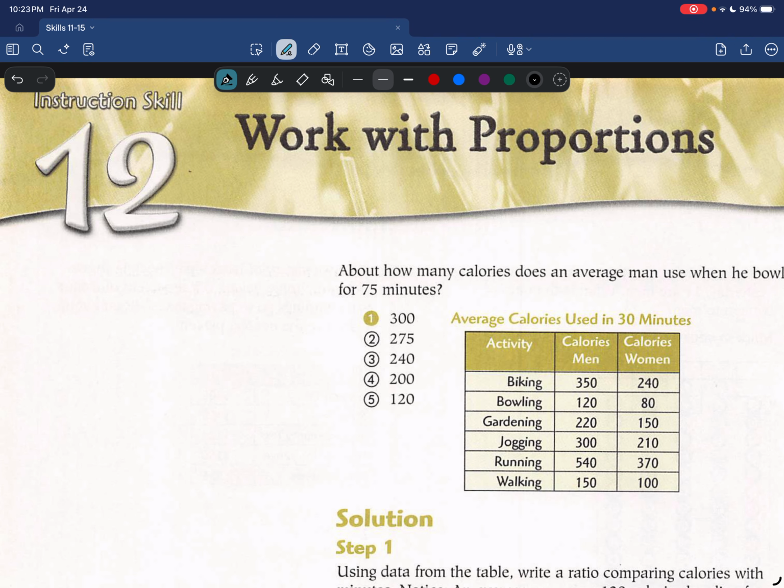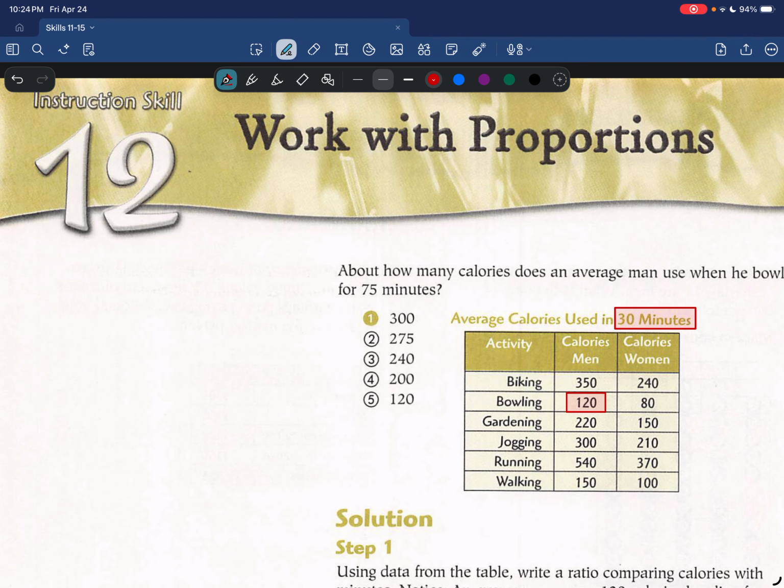And I'm going to look at this box, bowling, and we want to focus on the column for men. And we also have to look at the title of this graph. It's 30 minutes. So the average man burns 120 calories every half hour of bowling.